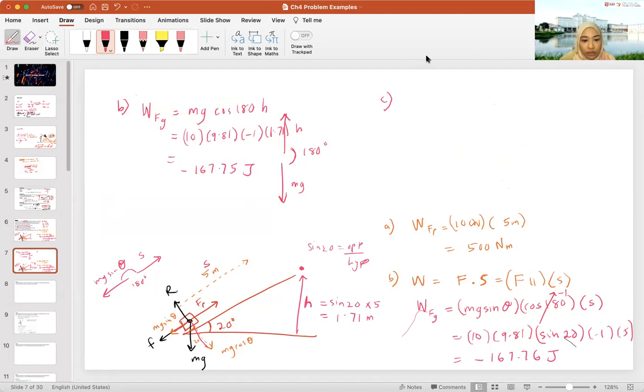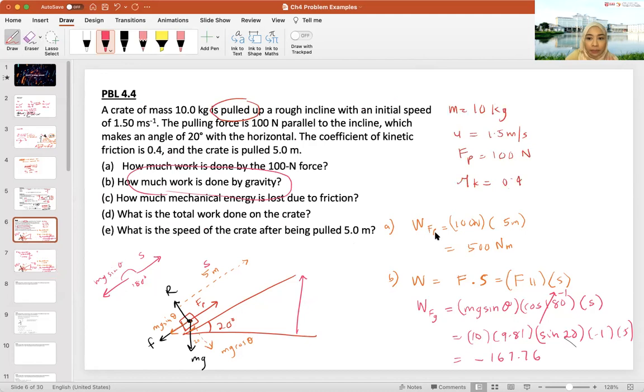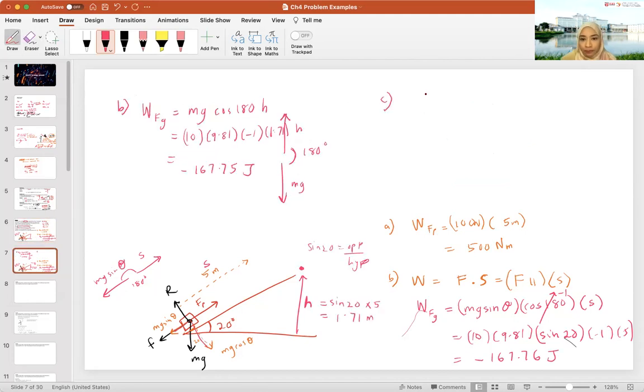First of all, we need to find out what is our friction. Friction's coefficient was 0.4. 0.4 times R. Okay, so R is, this guy is not flying. Therefore, net in the Fy is equal to 0.